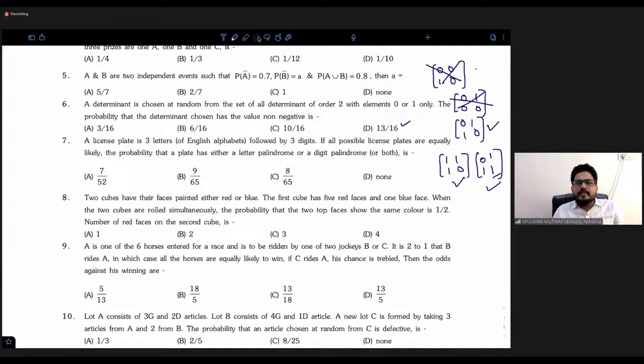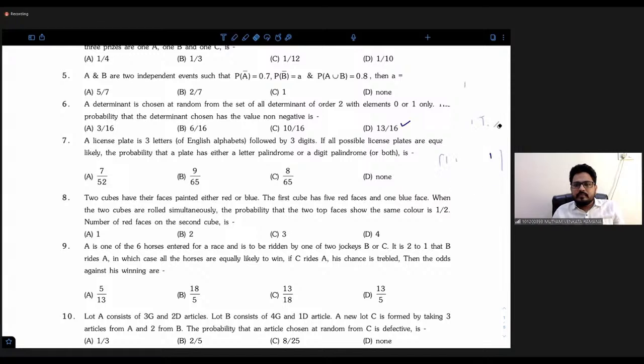Next one is: a license plate is 3 letters followed by 3 digits. All possible license plates are equally likely. The probability that a license plate has either a letter palindrome or digit palindrome or both.